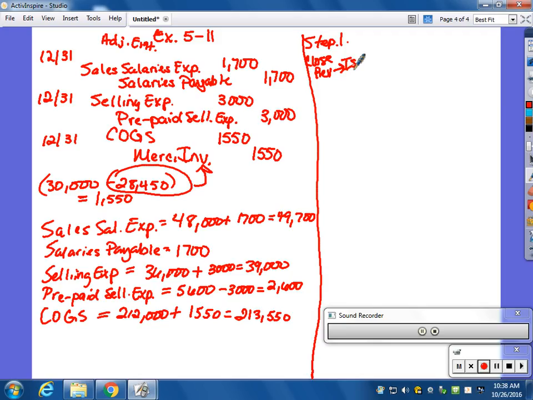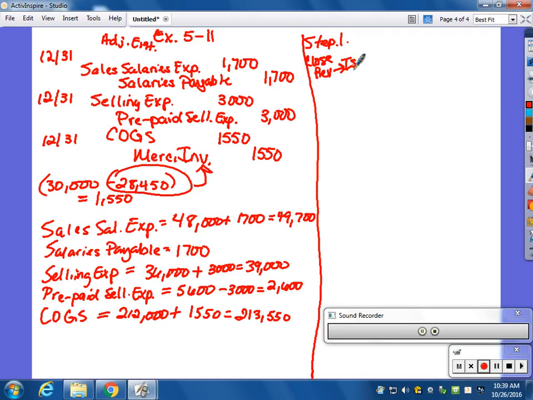What are we doing in the closing process right now? Closing revenue to income summary. What's the only revenue you have on that list? Sales. Don't jump ahead.